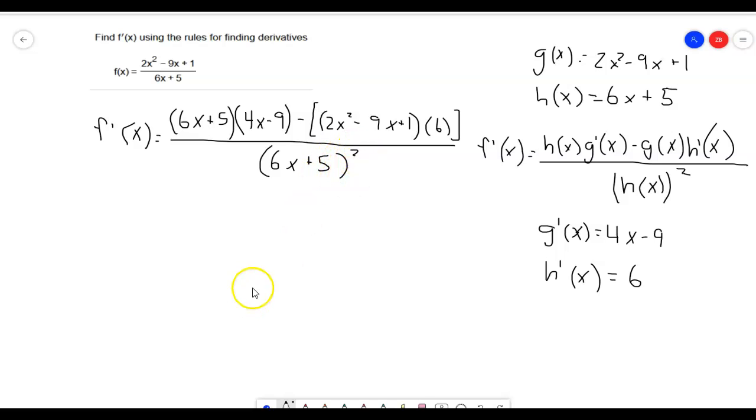Now it's simply going to be distributing this out and simplifying. I'm going to go ahead and leave this factored out, that way, if I happen to get another factor there, I can factor a 6x plus 5 out of everything. So this is going to be 6x plus 5 times 4x minus 9.